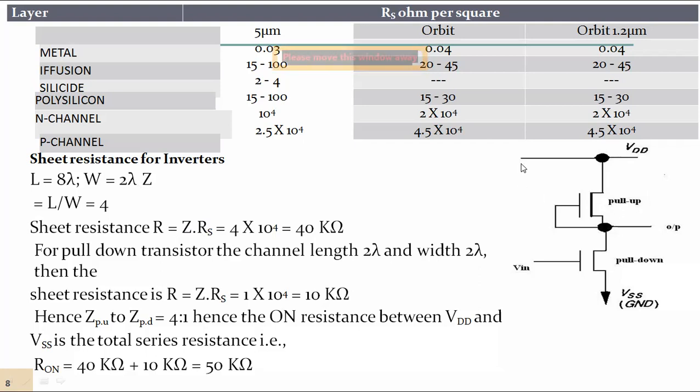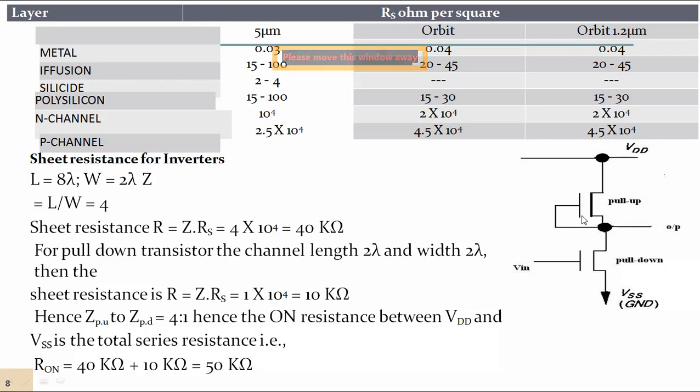Pull up to pull down is 4:1, that is depletion is 40K, enhancement is 10K. 4 is pull up, 1 is pull down. Length to width is 4 times, that is 8 lambda divided by 2 lambda.